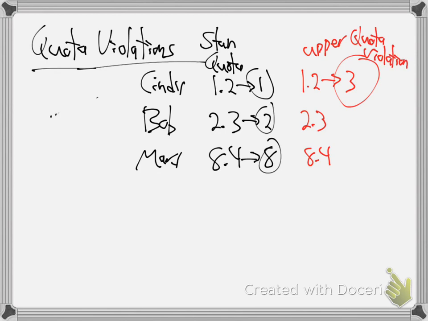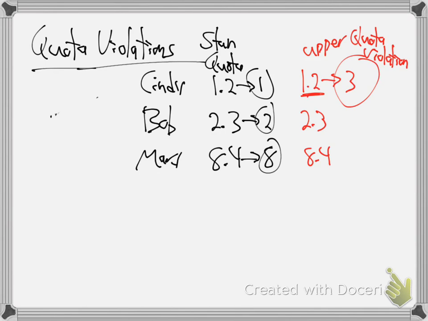The highest 1.2 should ever go, even if you round everybody up, is 2. You with me on that? The highest it should ever go is 2, and the lowest it should ever go is 1. It's between 1 and 2, right? So the highest you go is 2, the lowest you go is 1.